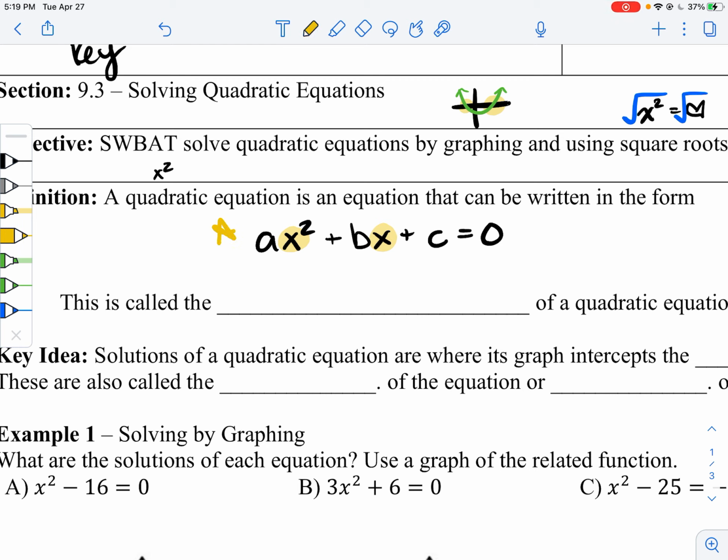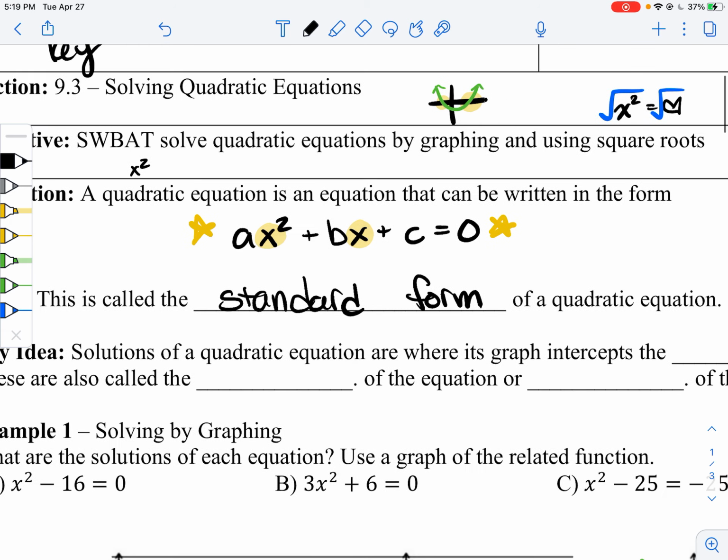That's your key idea. Since we have our exponents in decreasing order, we call this the standard form of the equation. So it's pretty standard.